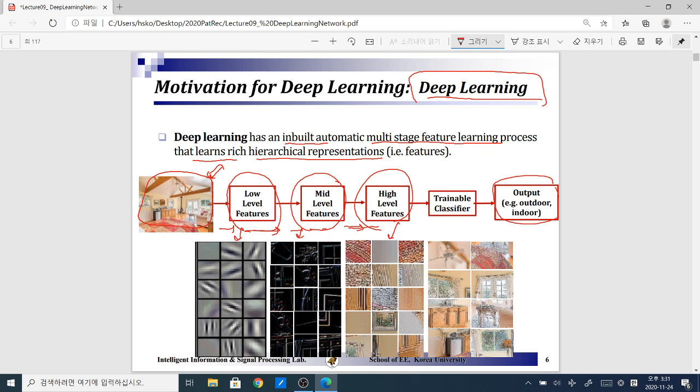Further mid-level features after that might give texture types of representations, and finally the high-level features would give you more or less the shape information. At that level, the high-level feature would be sufficient for the trainable classifier to be applied, thereby performing this classification much more easily and robustly.